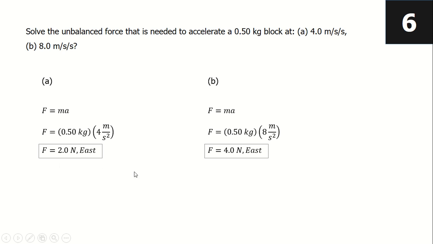In other words, if you apply more net force on a particular object, it will result in a greater acceleration. In this case, a net force of 4 newtons resulted in an acceleration of 8 meters per second squared, while if that value is halved, a net force of 2 newtons will result in an acceleration of only 4 meters per second squared.